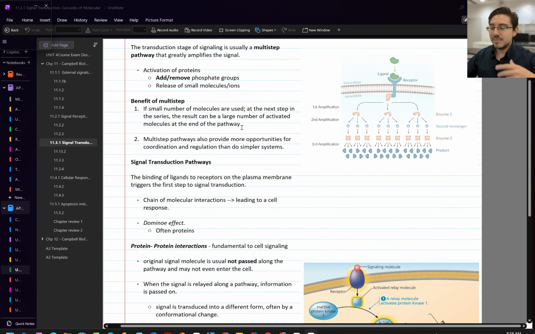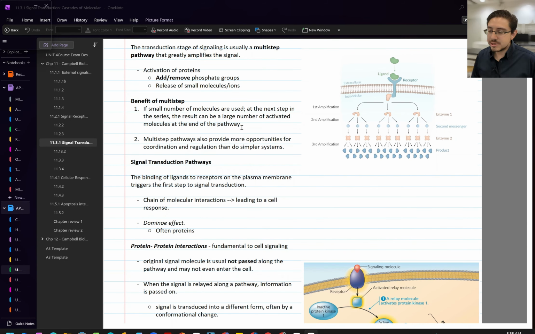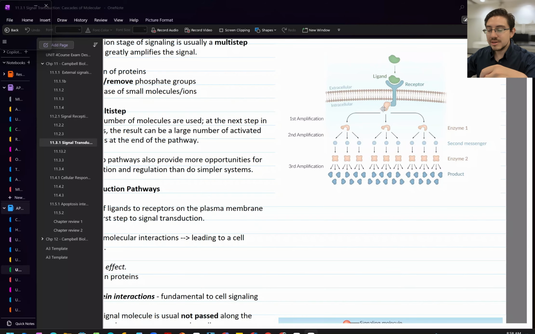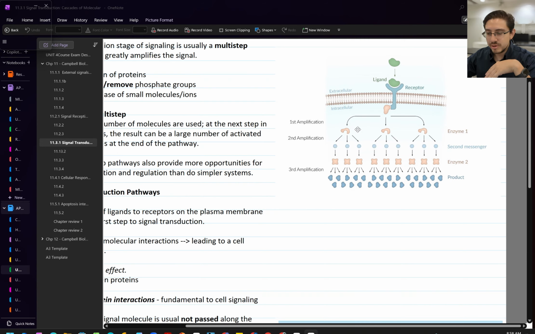The benefit of having a multi-step transduction system is that an initial ligand on the receptor will elicit a response from one molecule or just a small amount of molecules that you see here. I'm going to zoom in a little bit. This multi-step process means that one molecule can then activate another layer of molecules. In this particular case, you have this first amplification where you have enzyme number 1, let's say, and you have 3 of them.